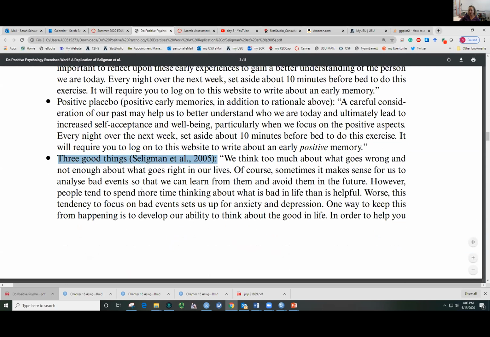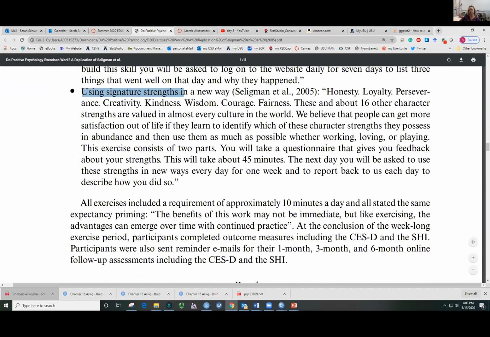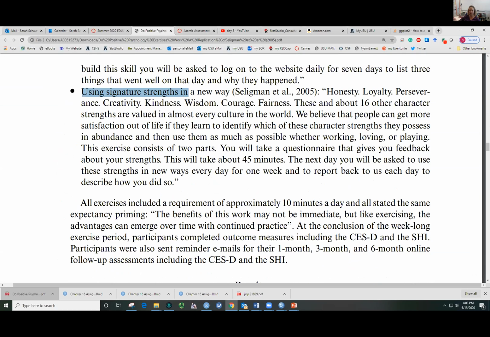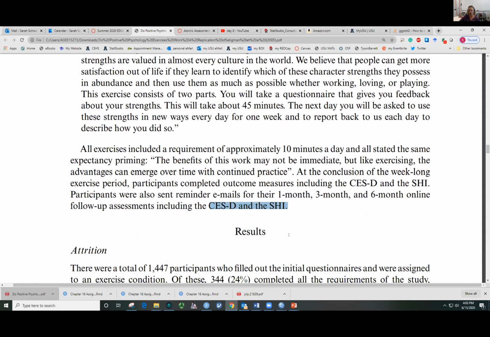This is the group that they're really trying to show is different. And then there's the signature strength. So there's 2 treatment groups and 2 placebo groups basically. They had everyone doing 10 minutes a day on these things. And then they emailed them reminders to fill out their questionnaires at 1 month, 3 month, and 6 month follow-ups, on both happiness and depression.